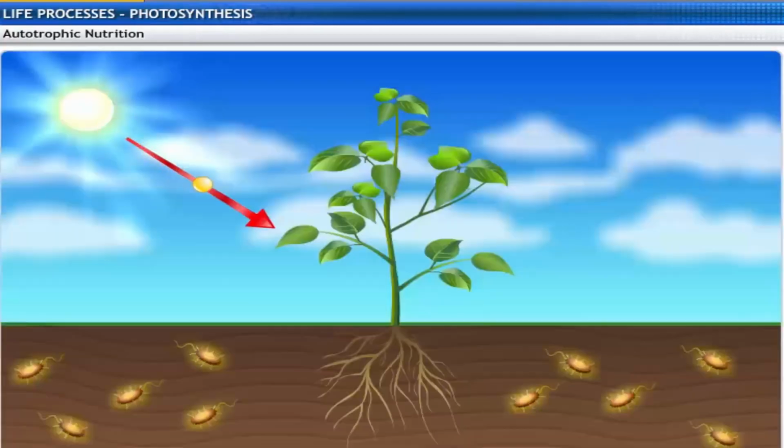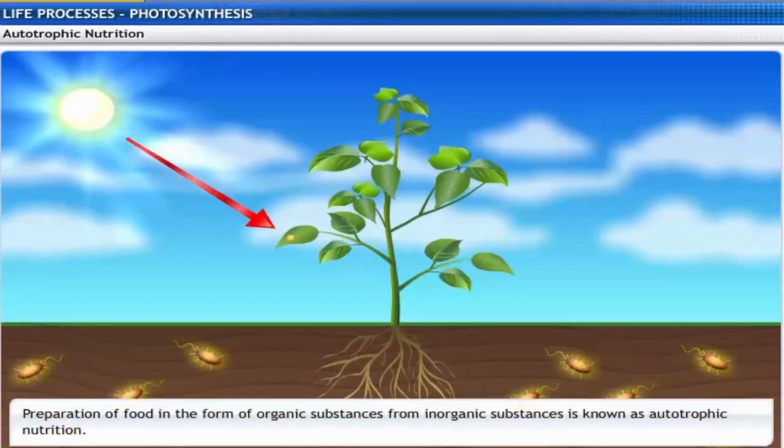Plants and a few bacteria use inorganic substances to prepare their food in the form of organic compounds. So they are called autotrophs. The process of nutrition in autotrophs is known as Autotrophic Nutrition.